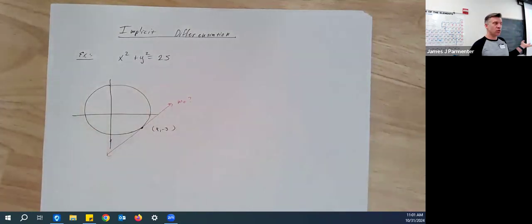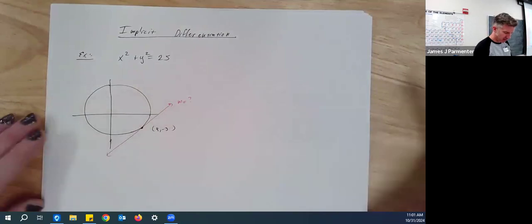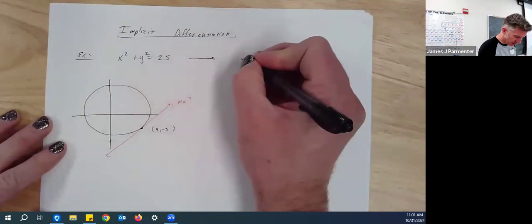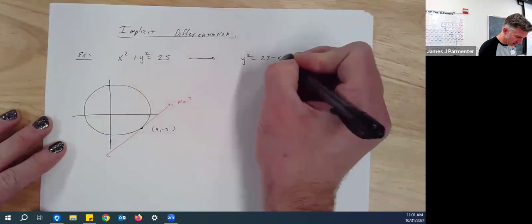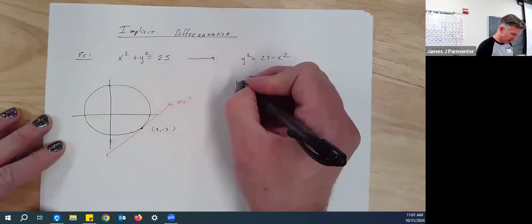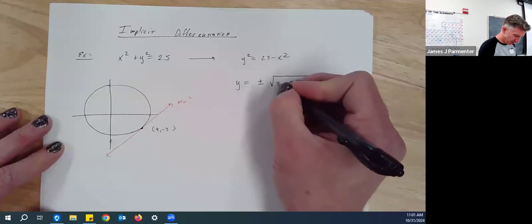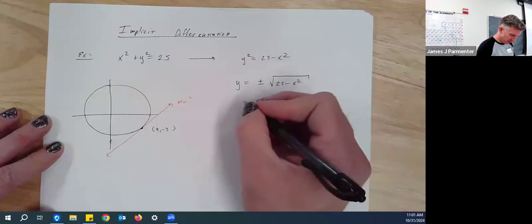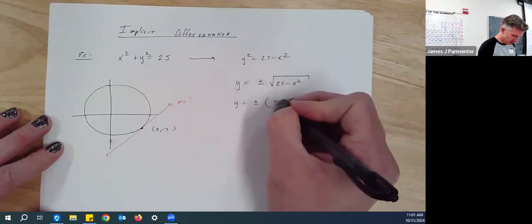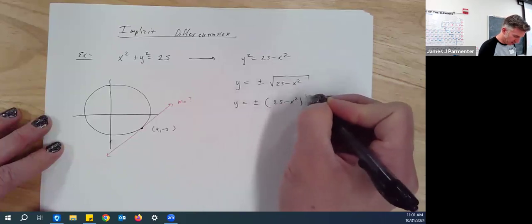So in this example, you could actually solve for y as a function of x. But it's kind of annoying because if I solve for y, you get y squared equal to 25 minus x squared. You take the square root of both sides, you get y equal to plus or minus the square root of 25 minus x squared. Or if you prefer, plus or minus (25 minus x squared) to the 1/2 power.